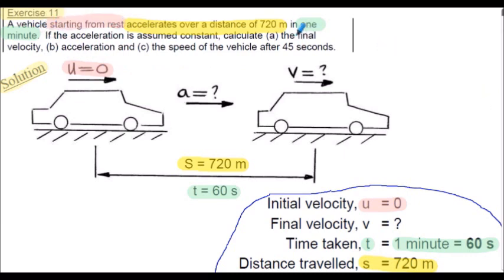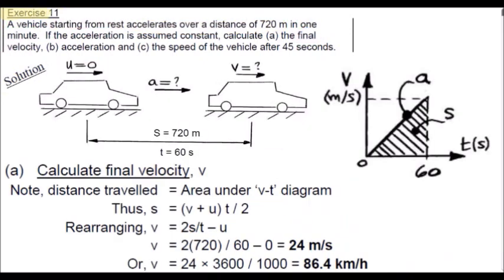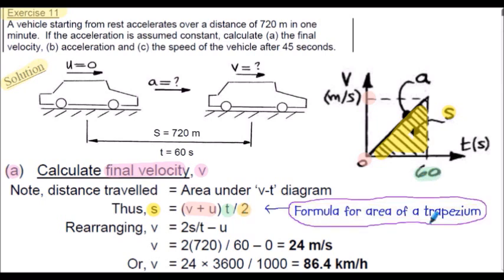So part A, we need to calculate the final velocity. Solution continued. To calculate the area under the graph, we add the initial velocity and the final velocity, multiply by the time taken, given in the question, and divide by 2. Just note for reference, this is the standard formula for calculating the area of a trapezium.